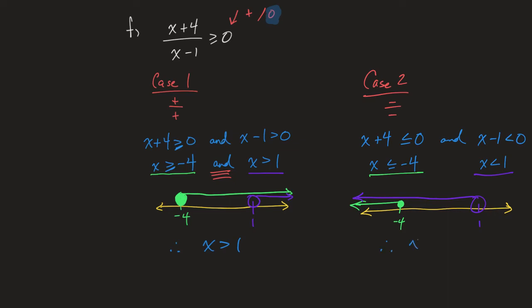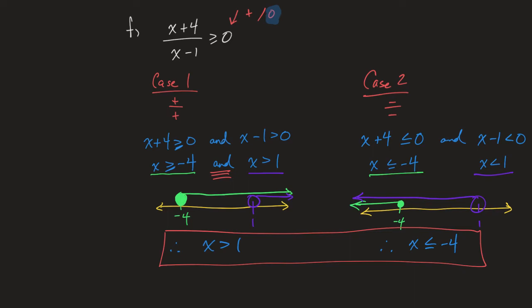And we should see that x is less than or equal to negative 4 satisfies both of those inequalities. And there you go. I'm just going to box it in. You never have to. There's the solution to that inequality. Nice. We love it.